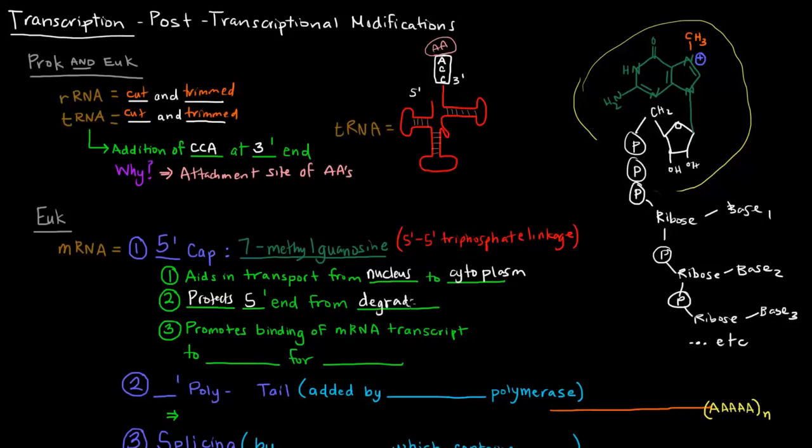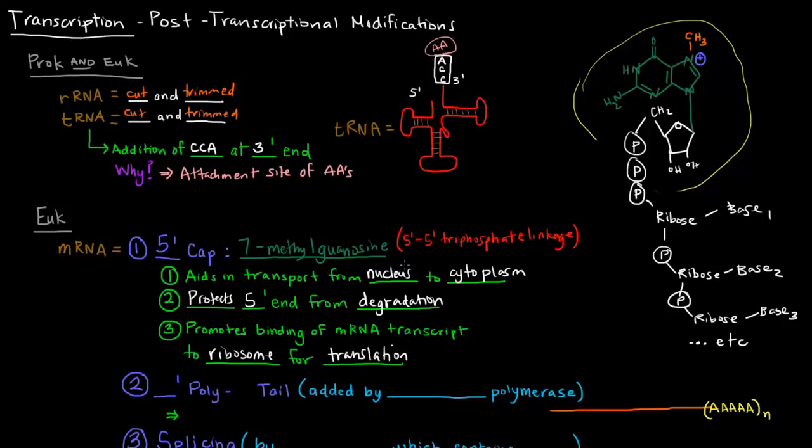If you recall, nucleases break down nucleic acids. So any exonucleases that want to act on this end here won't be able to because of this 5' cap. Another thing that it does is that it promotes the binding of the mRNA transcript to the ribosome for translation.